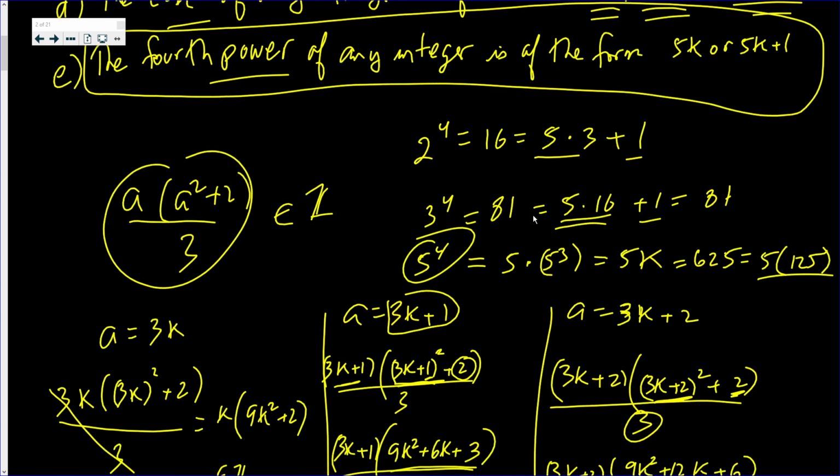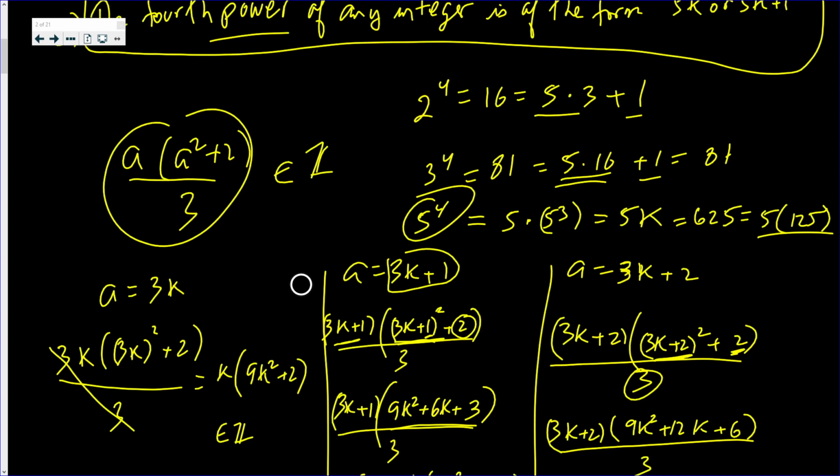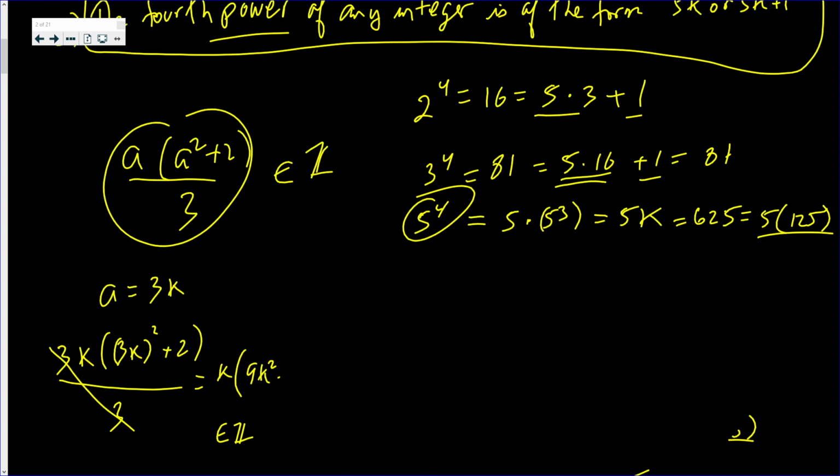I suspect that's the only time that you're going to possibly get a multiple of 5. So what if you have 10 to the 4th? Well, this is 5 to the 4th times 2 to the 4th. I want to factor out a 5, so I guess I'm mistaken. It's 5 cubed times 10 to the 4th.